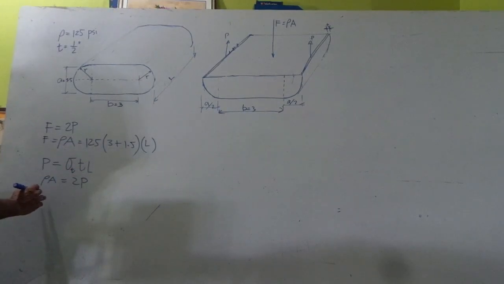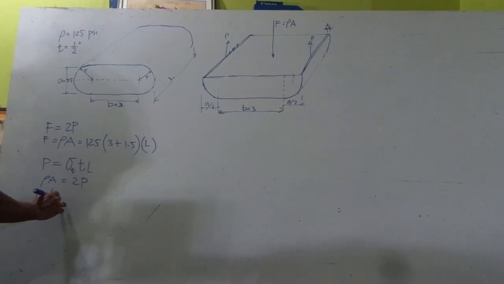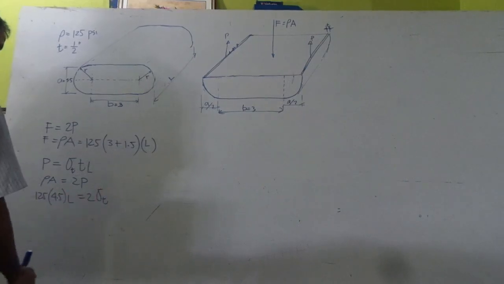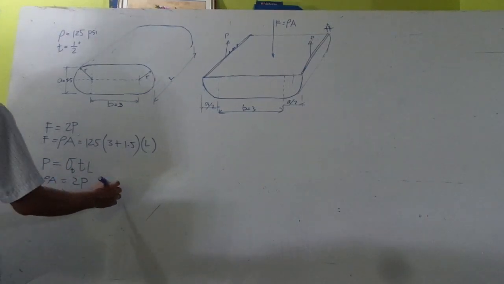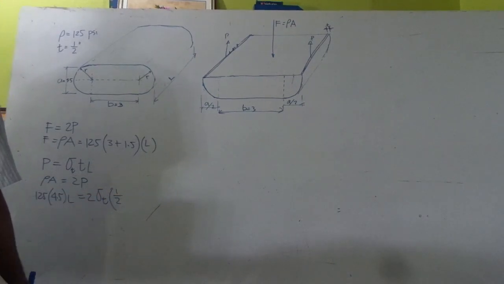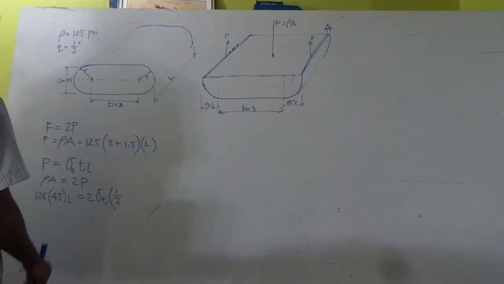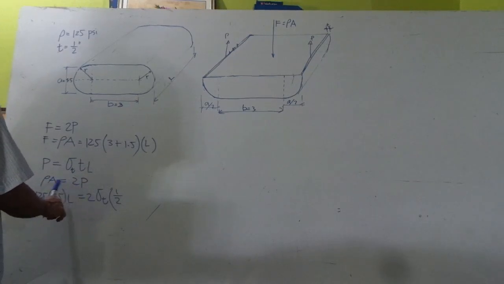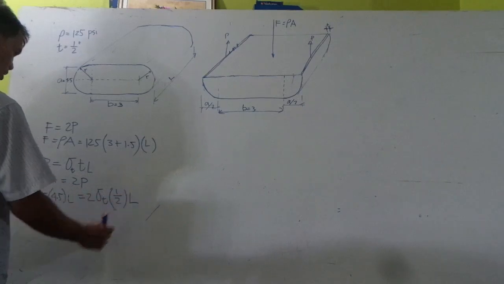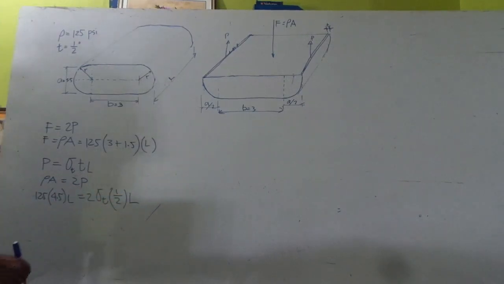Substitute: 125 times 4.5 times L is equal to 2 times the tangential stress times the thickness of 1 half, times L. So L cancels.